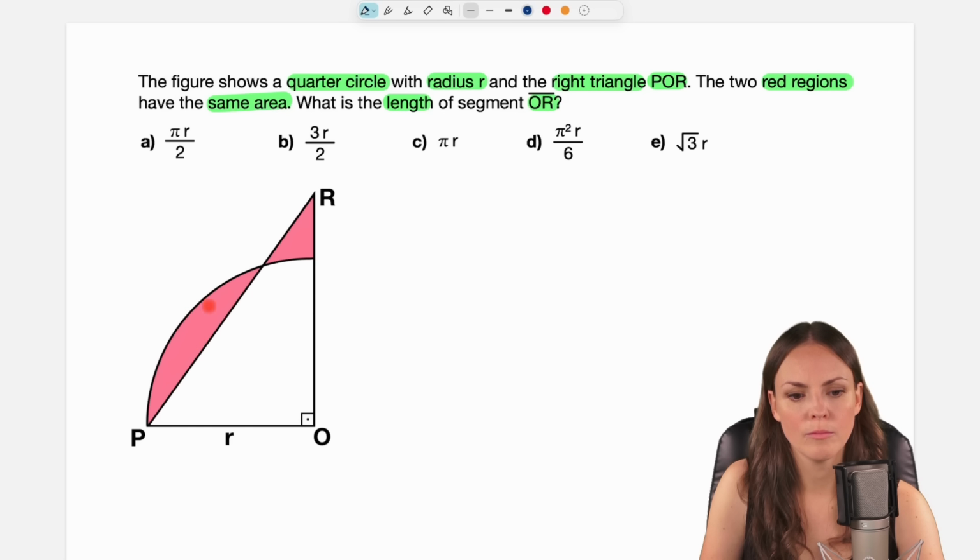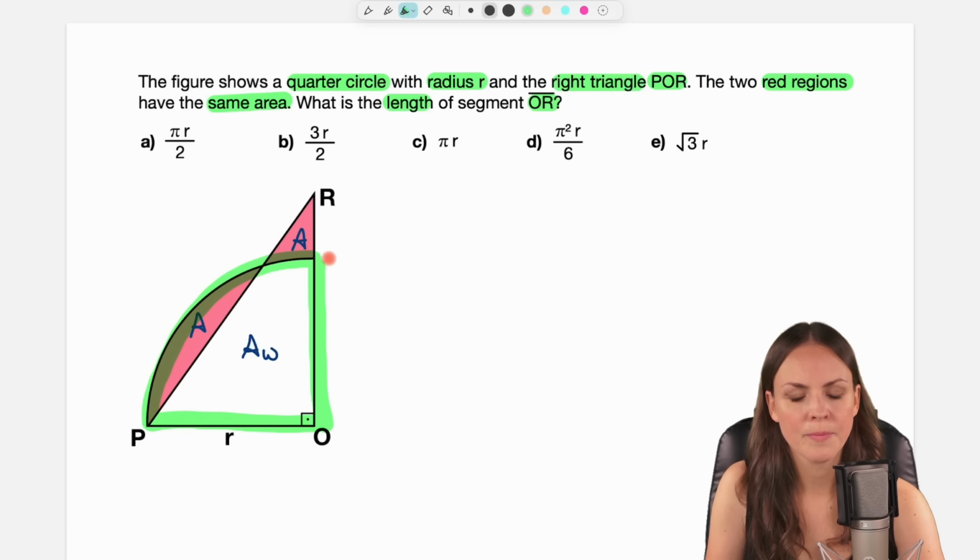So if I call this red area A, then I also have A here because they have the same area. Then we also have this white area here, so let's call it W for white. And then they tell us that we have a quarter circle and a right triangle. So let's start with this quarter circle here.